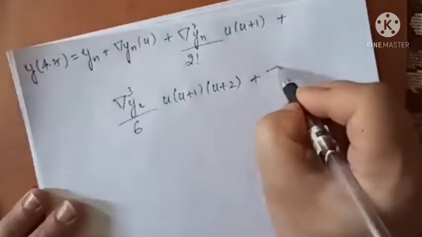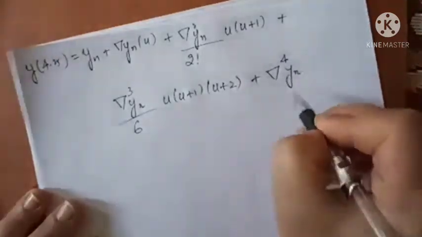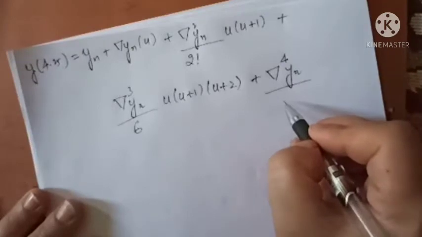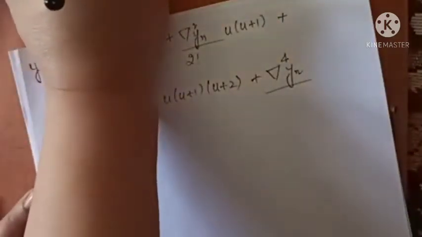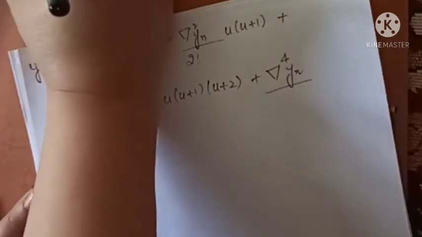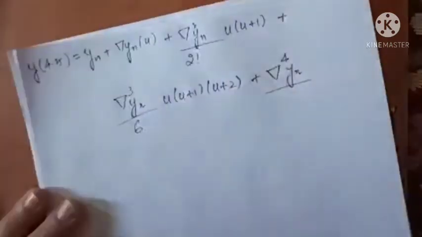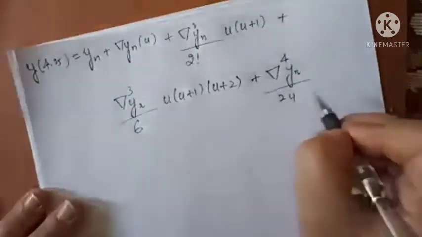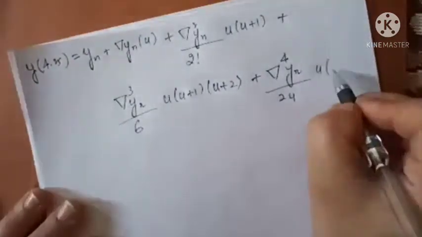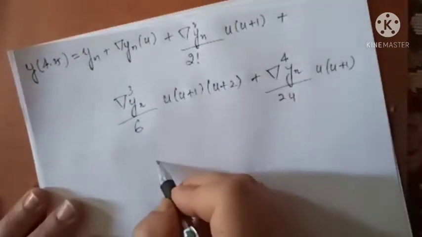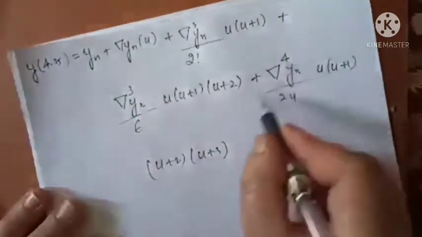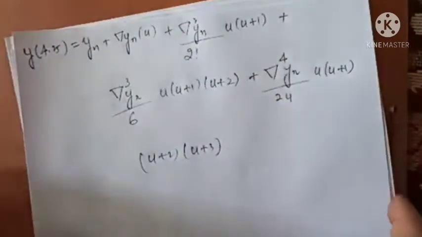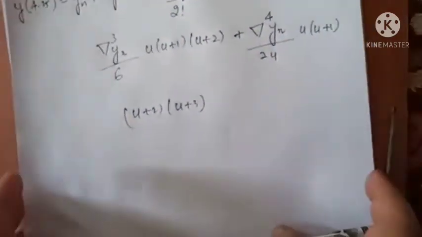No. Plus delta 4 yn divided by 4 factorial, and 4 factorial will be 4 into 3 into 2 into 1, 6 and 4, that will be 24. So 24 u into u plus 1, u plus 2 and u plus 3. Up to the fourth order we have derived the formula. Now we simply have to substitute the values. Let us do that.